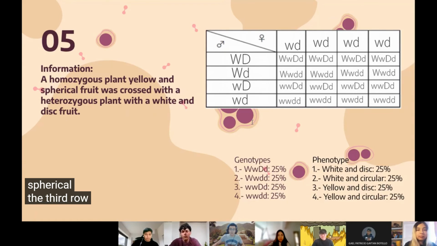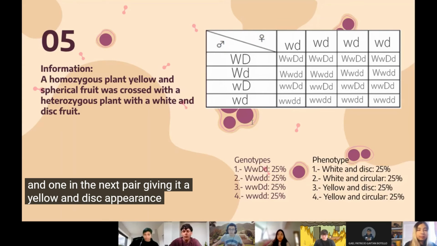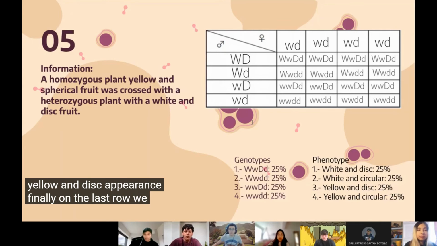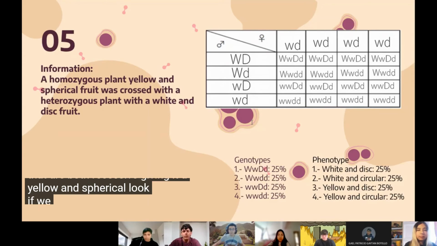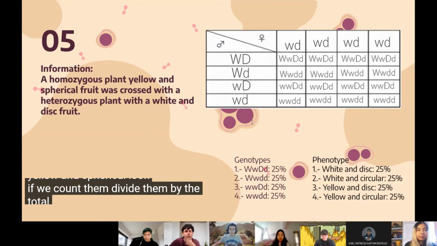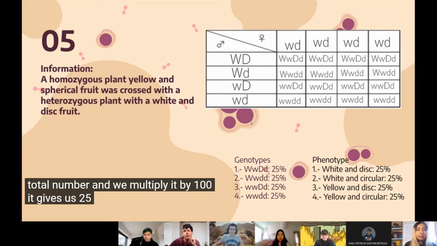The third row has no dominant genes in the first pair and one in the next pair, giving it a yellow and disc appearance. Finally, on the last row, both are recessive, giving it a yellow and spherical look. If we count them, divide them by the total number, and multiply by 100, it gives us 25% for all genes. And with that, we have calculated the next generation of plants.